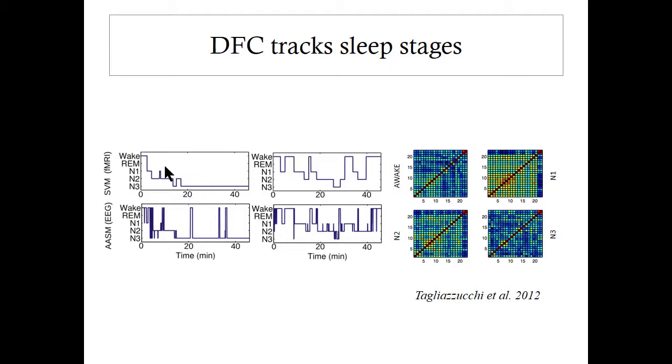And so when they did that, they got a result that matched very closely what they found with the EEG. So that's very cool because it means that we may not, in fact, need to go through the trouble of recording EEG to determine what sleep stage a person was in or if they were likely asleep.